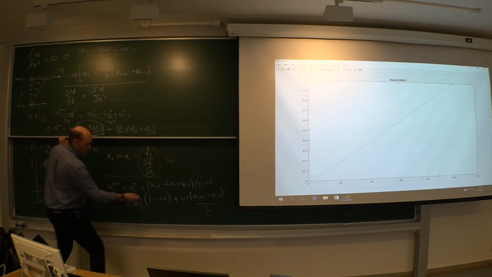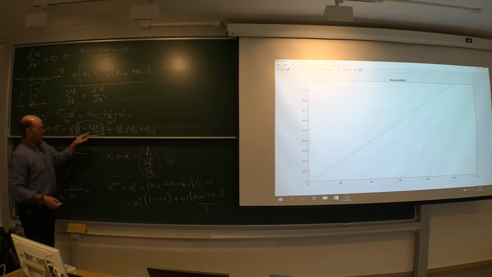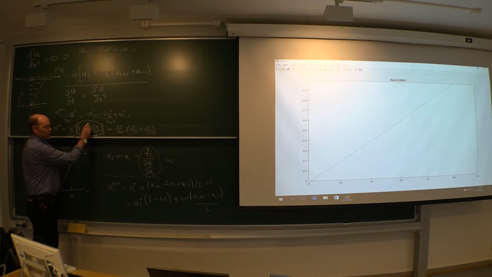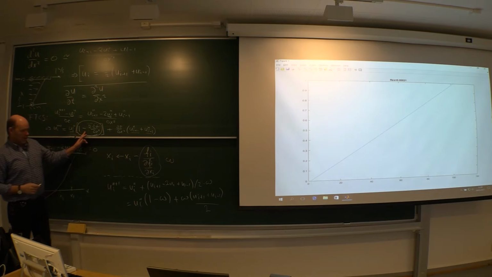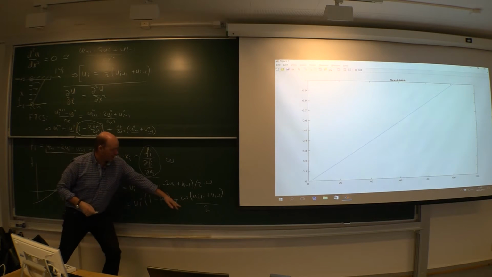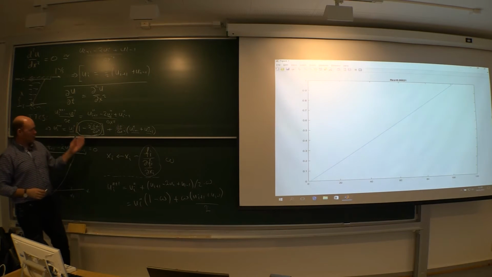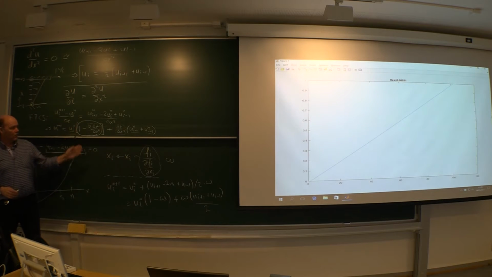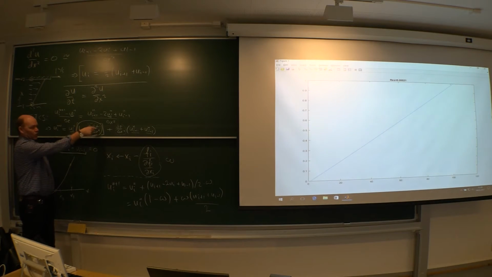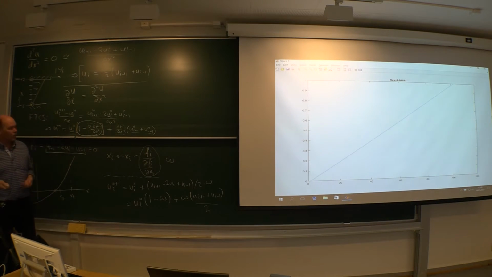You have here 1 minus omega. So if you baptize this one as an omega, then here you then have omega half, which is exactly what you have here. So the recipe is actually exactly the same. We just call this one for omega, and then we should be good to go.